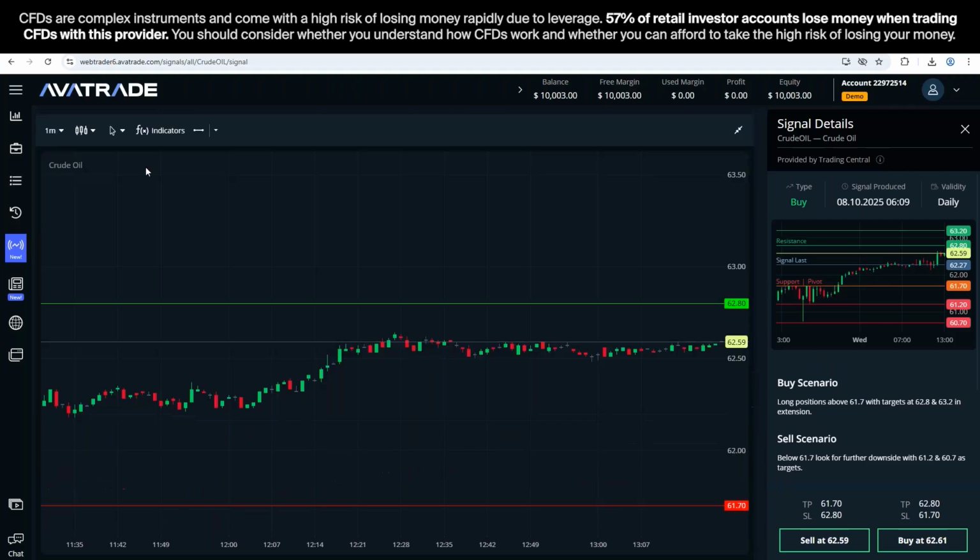So basically, what happens here is we're looking at minutes. If we click here on the upper left corner, we click here on 1M and we fold it down, we'll see that 1M is selected. What does this mean? It means that now each candle on the chart represents 1 minute.